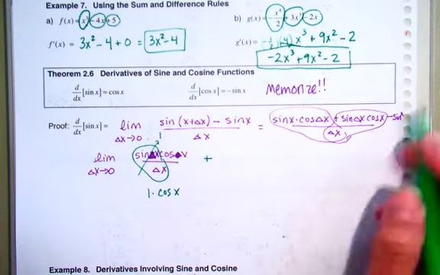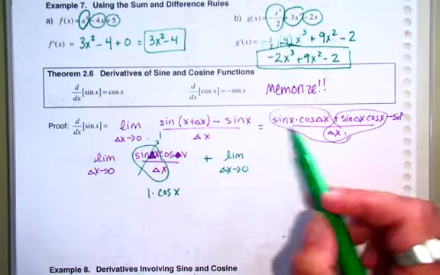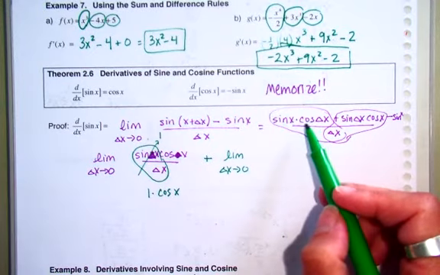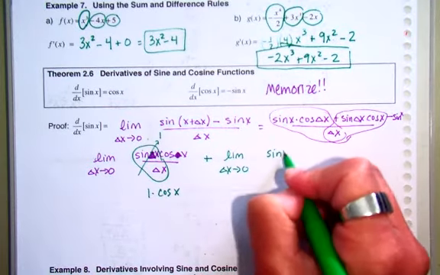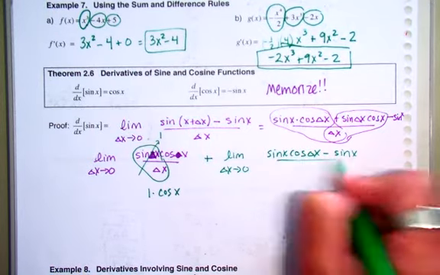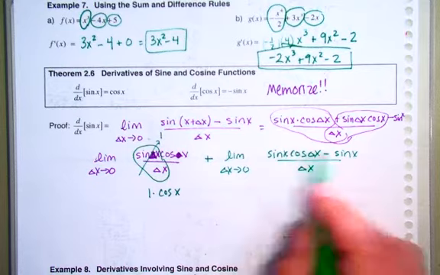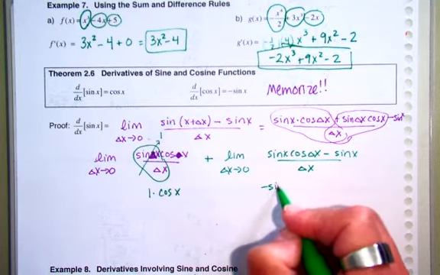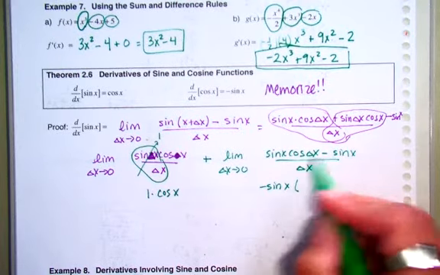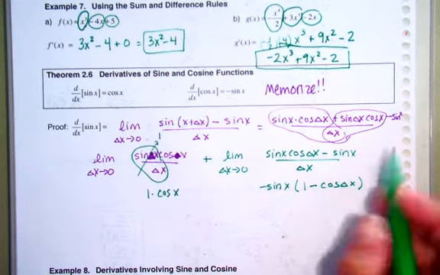Then plus, I can do these other parts here. I'll do the limit as delta x approaches 0. The other part that I have left is sine x cosine delta x minus sine x, all over delta x. I'm going to factor out a negative sign, and I'll show you why, because then I'm left with 1 minus cosine delta x all over delta x.